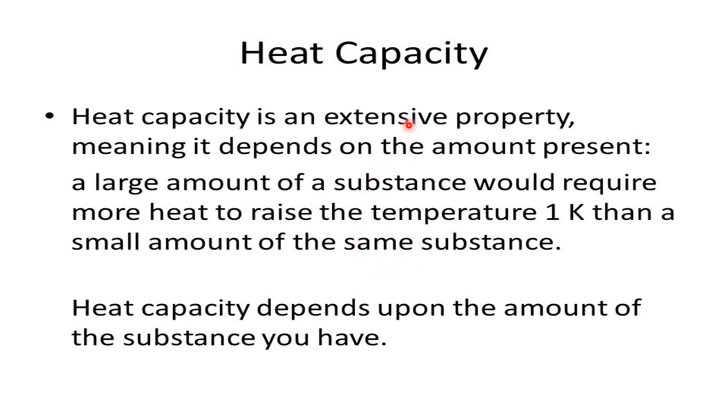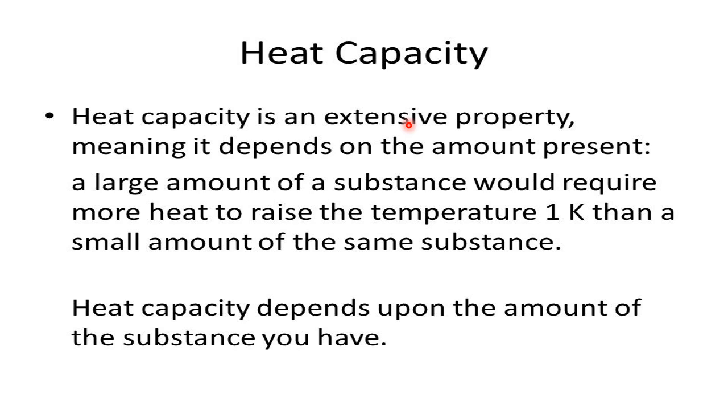So let us recall what are extensive properties and intensive properties. Extensive properties means the property depends upon the amount, size, mass. Therefore, heat capacity also depends upon the amount of the substance. For example, I am having 1 kilogram iron and 10 kilogram iron. Both are at normal room temperature.